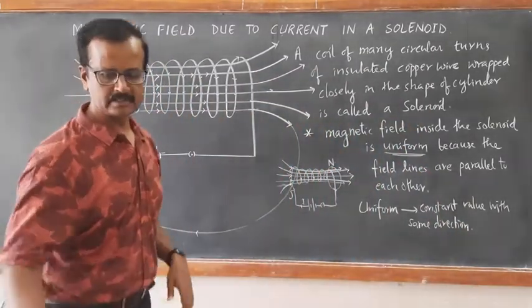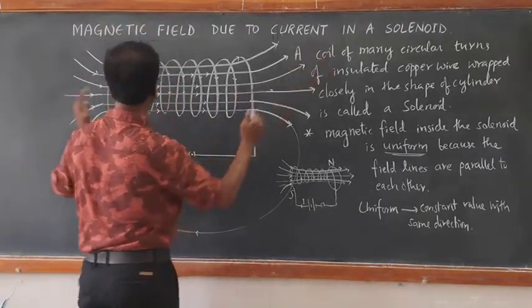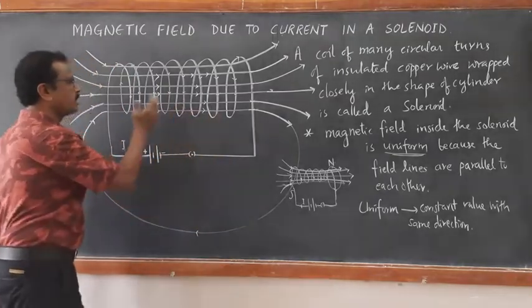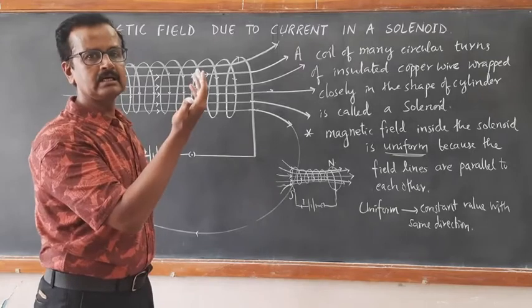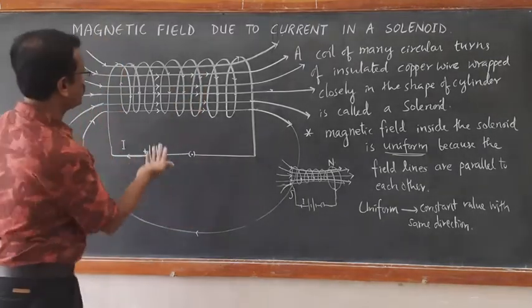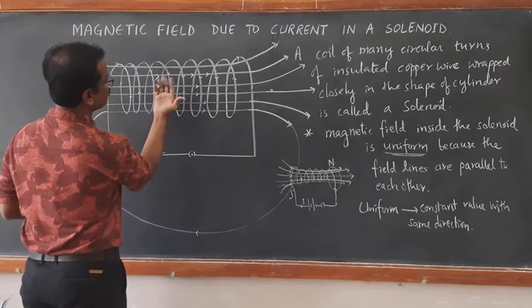Then the question arises, how do you find out whether the magnetic field lines are directed from left to right or right to left? Again we have to make use of the right hand thumb rule. Hold the four fingers along the direction of current.